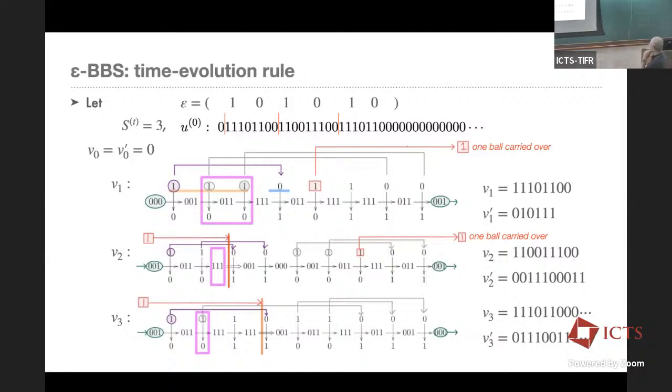Oh, so I thought from your explanation that some ball with a box is erased in the procedure. No, I don't think so. If such a situation happens, it's okay. One ball is carried over to here, and then goes to insert it.